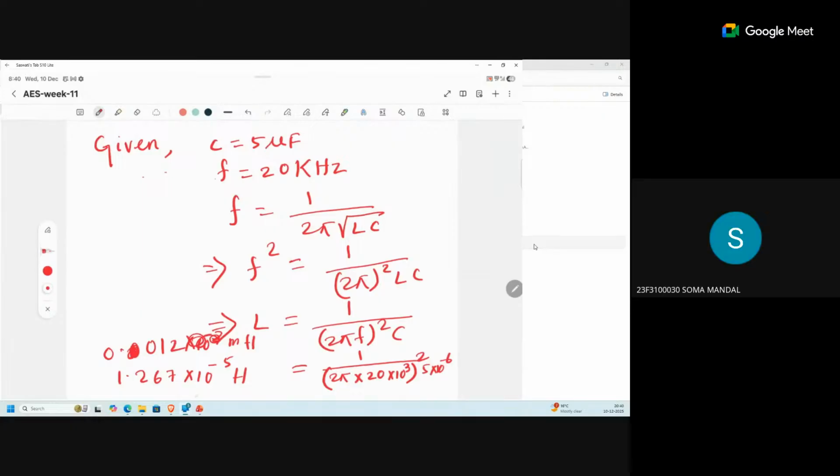No, ma'am, I am getting 0.063. Maybe I am wrong in the calculation. Have you taken 1 over the answer? Because it is 1 over 2 pi, then multiplied with 20 square, multiplied with 5. The 10 to the 6 and 10 to the minus 6 will be cancelled out. Whenever you do this, you have to take the inverse because 1 over this is there.